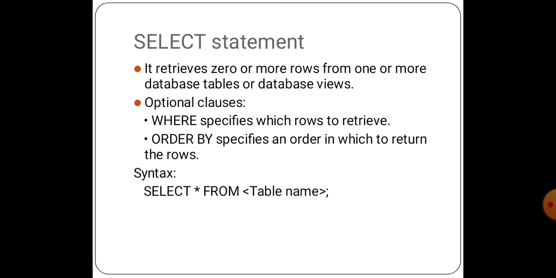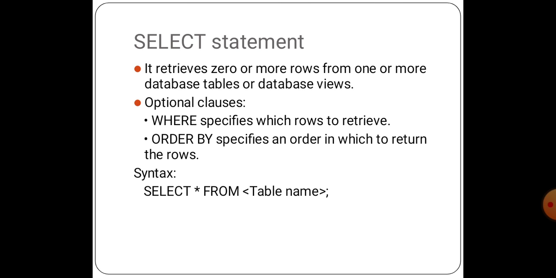The syntax for the select statement is select star from table name. Select is the keyword which you have to use as it is, and star represents all the entries from the table. From is a keyword you have to use as it is, and the table name may differ.